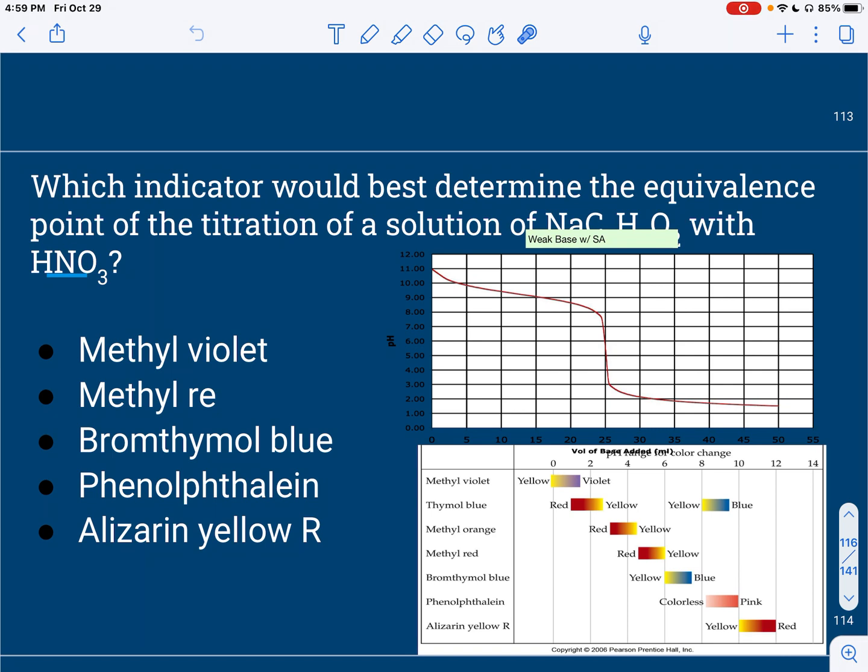So if you want to take a second, this should say methyl red. Which indicator would best determine the equivalence point of a titration of, I think that's sodium acetate, with a strong acid, HNO3? Okay, so we expect the equivalence point is about halfway through our curve. So right about here, 6.5 or so.